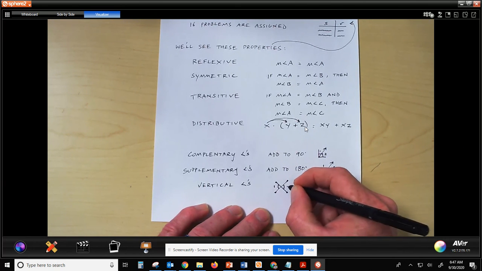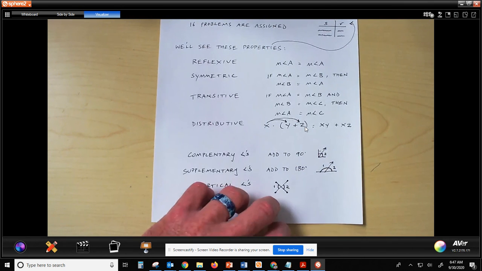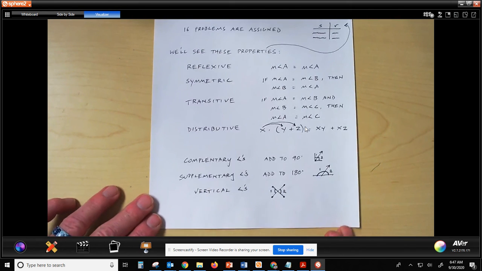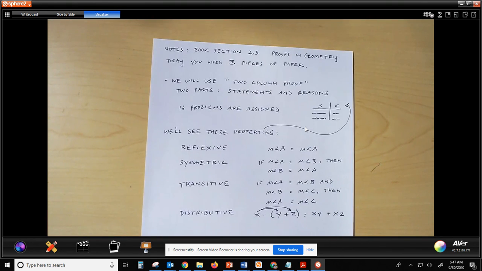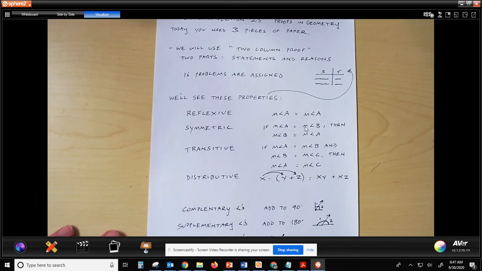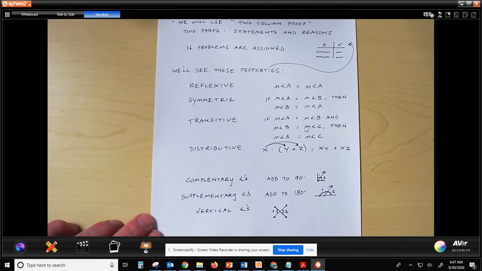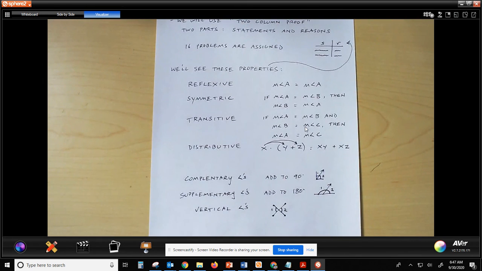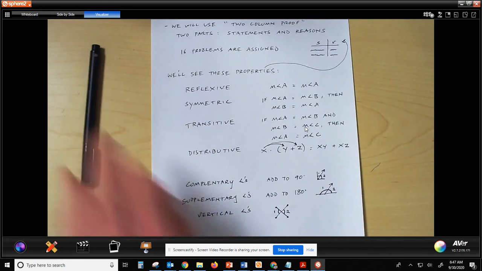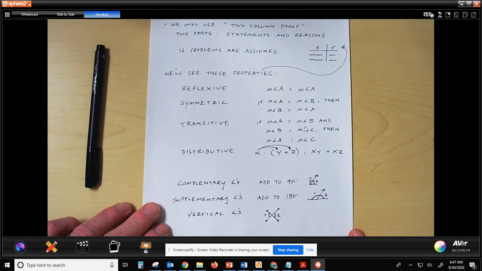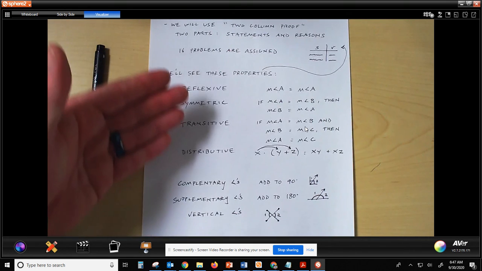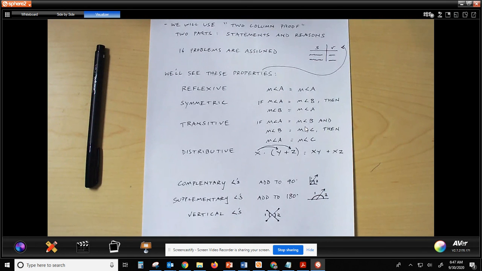So angle 1 and angle 2 are vertical. So this page is kind of a review of a couple of things that we're going to be needing in the second part of the video. Maybe just pause your video and catch up with a nice table of information that you can use as a reference.